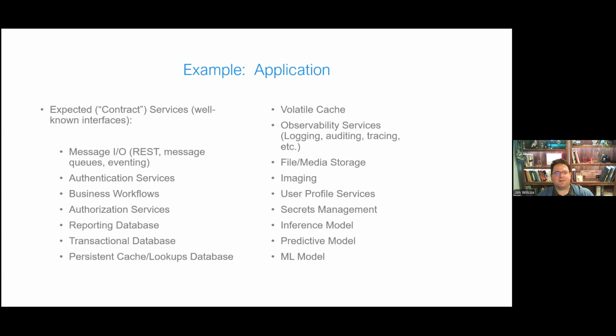Just things that the application might provide to its developers while they are building out their applications. And again, these are just contract capabilities that a developer might have an interface for.